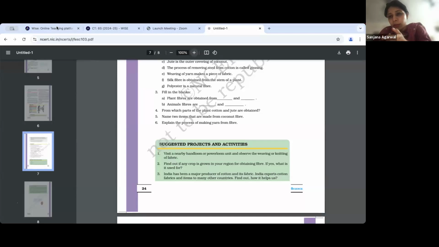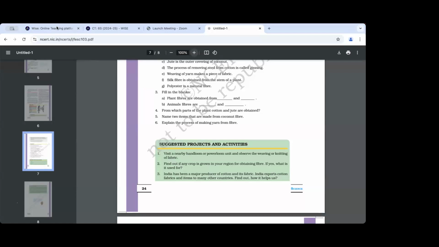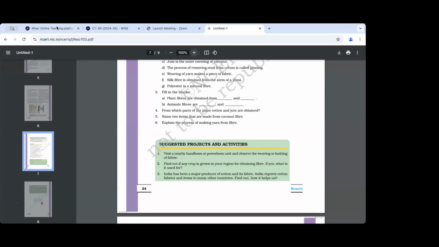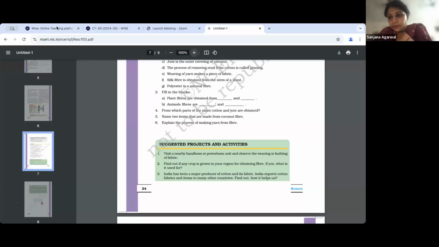And one more thing about ginning, that this can be manually done. Also now machines are there for this task. Ma'am, ginning separation is brought with the help of strong air currents. Oh, yeah, that can be possible.